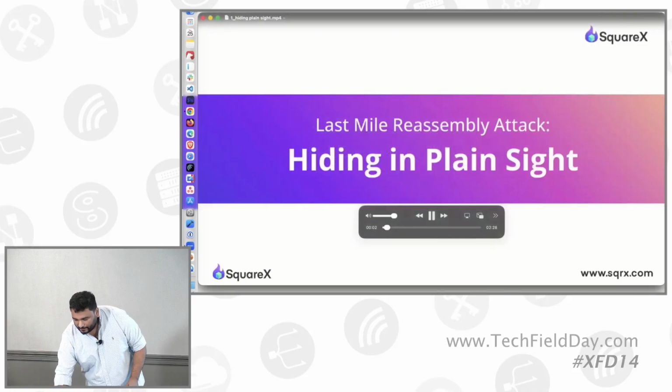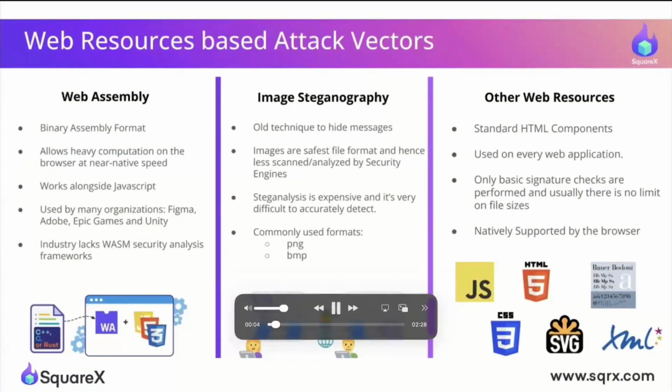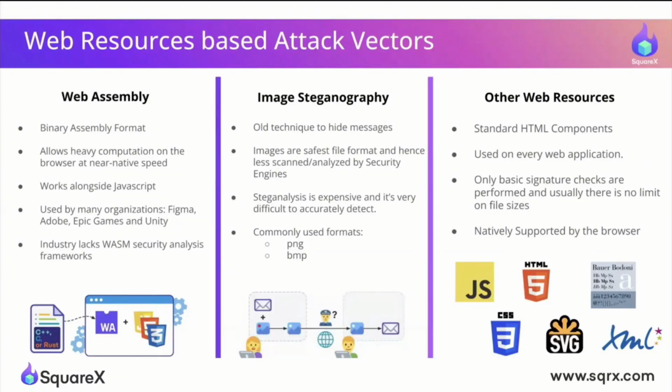In this demo, what we're going to look at is different techniques. As you can see on the left side, we have WebAssembly, which I already talked about, a format which is used by a lot of websites these days. Second would be simple old things like steganography, where you put your malicious file in an image using any of the existing steganography formats, and then trigger it like a normal download using JavaScript on the client side.